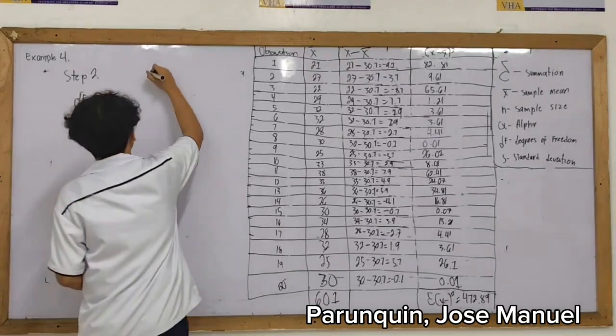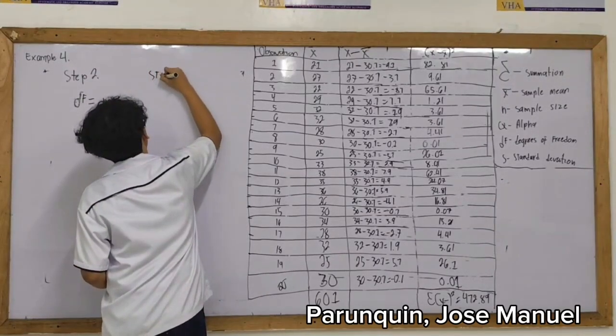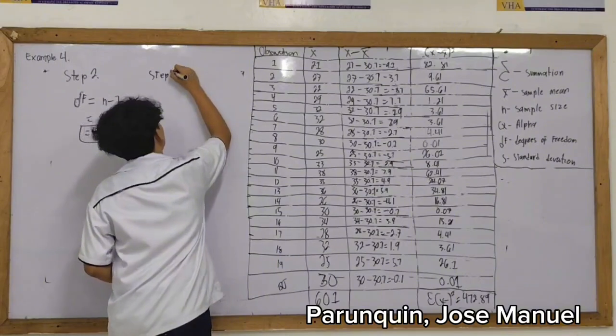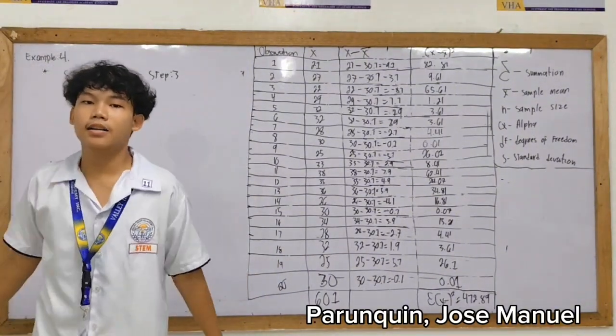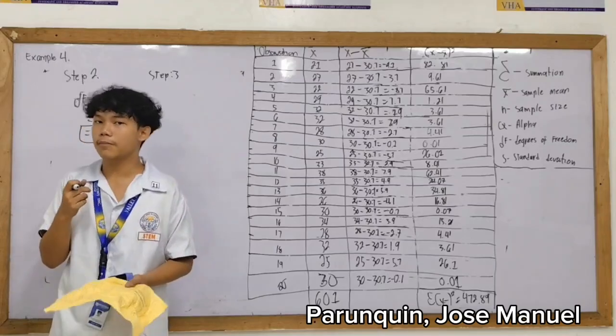So in step 3, we need to find the alpha given the 95% confidence level.